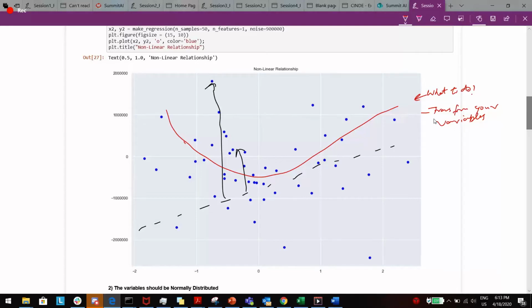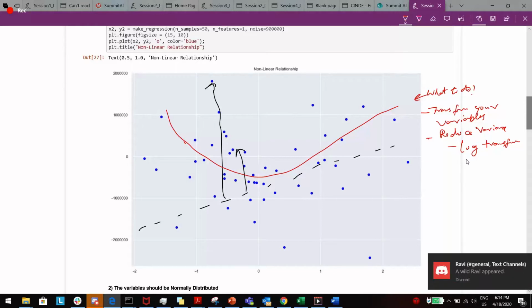Another way is, for example, if there is a high variance in the data, you can reduce the variance by doing a couple of transformations. One of the popular methods is to apply a log transformation.